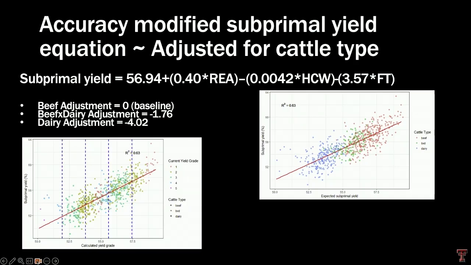But there's no way for us truly to know if that new equation, which we redeveloped with only 1,600 head, actually works on the 25 to 30 million that we kill each year in a fed sense. So it's just a guess, right? But it does get better.